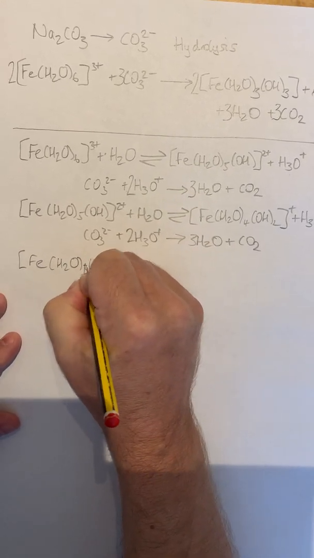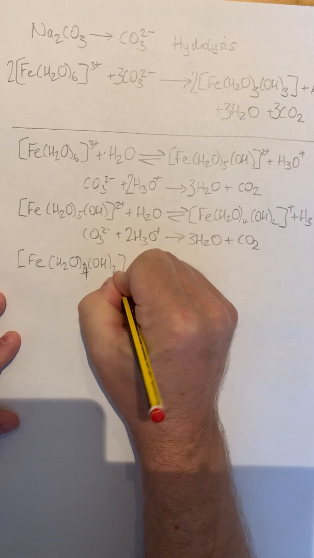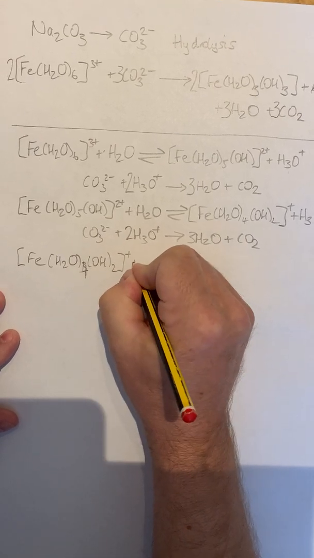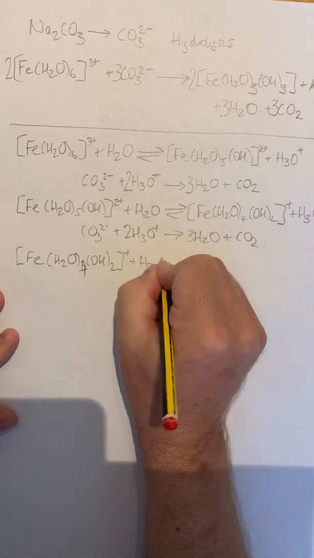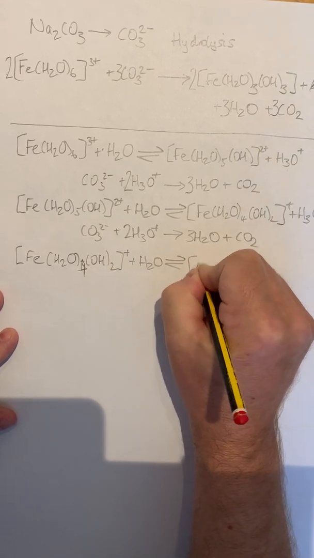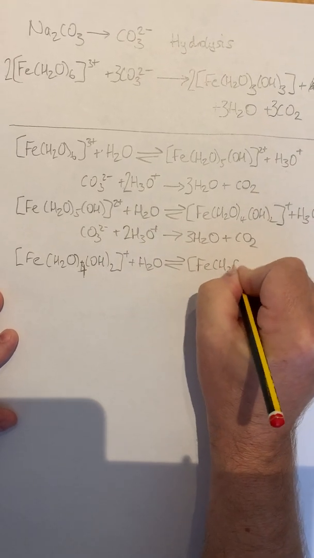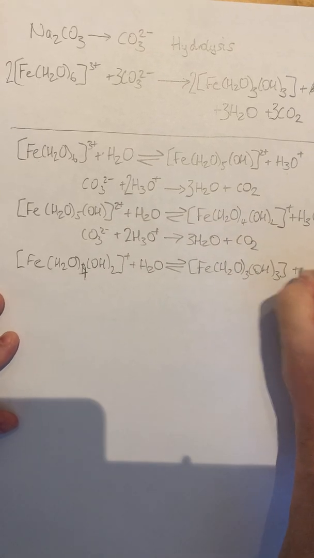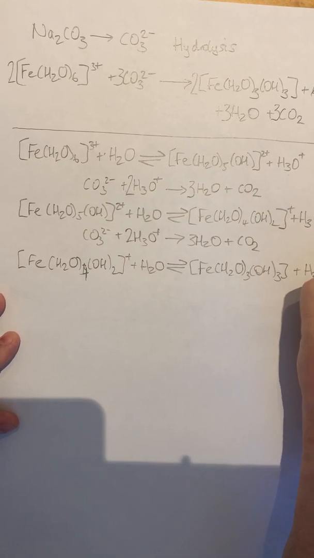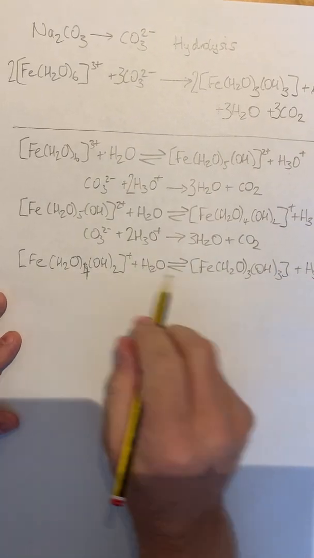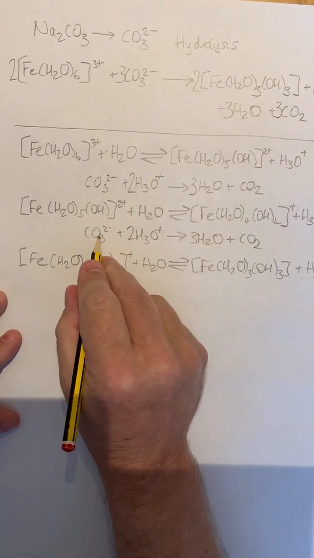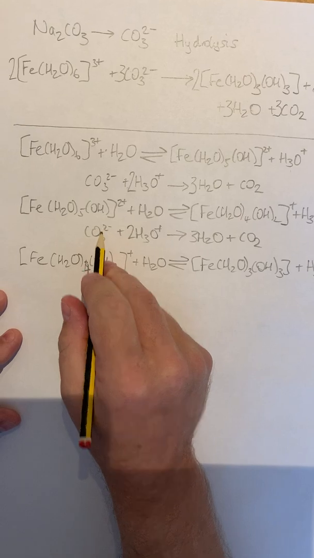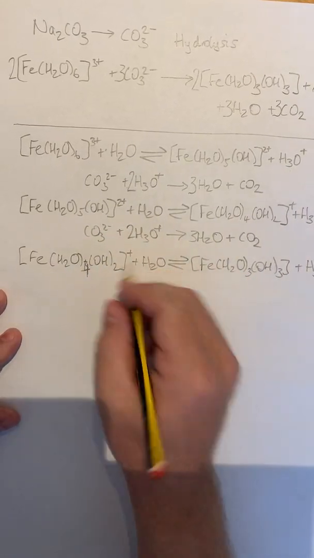Oh, sorry, that should be a 4. And then by the addition of more CO3 2-, more carbonate, that causes this equilibrium to shift fully to the right.